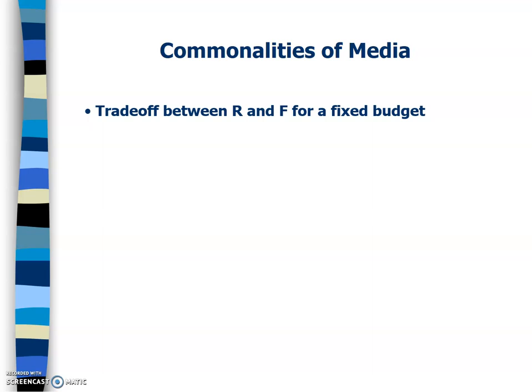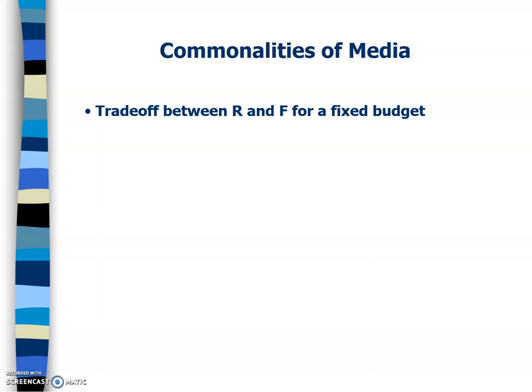So on the x-axis you have, let's say, a reach of 1,000, 2,000, 3,000, 4,000, right? People. Then for a fixed budget, you can either get 4,000 people to see an ad one time, or you can get 1,000 people to see an ad 4 times, right?